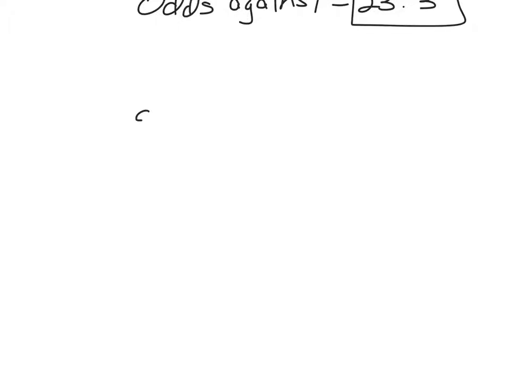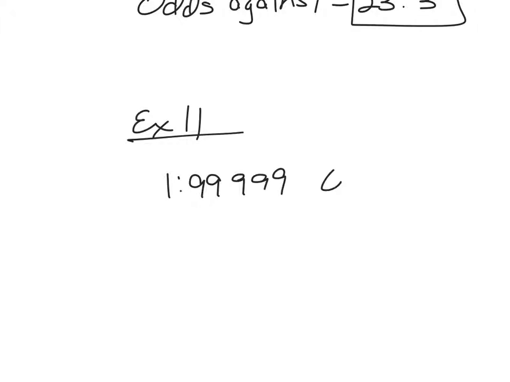All right, we're going to finish off with example 11 where we're going to reverse the process. Example 11 says in a certain sweepstakes, your odds of winning are 1 to 99,999. What's the probability you'll win? So now we're reversing the process. We're given odds. We're converting back to probability.